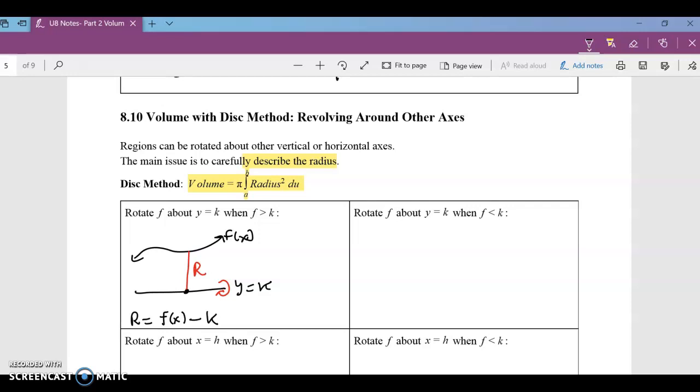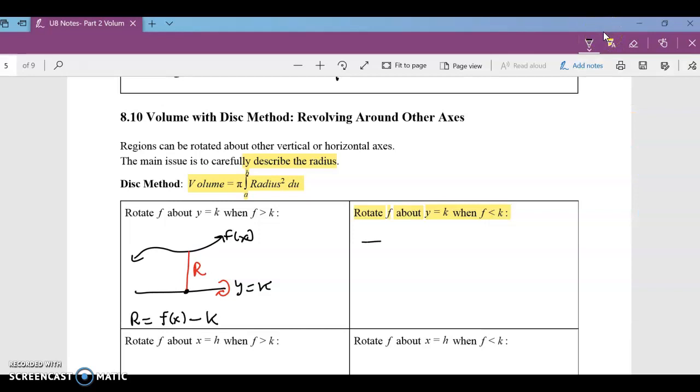In the next example, I'm going to rotate f about the line y equals k again, but this time f of x will be less than k. So that means my axis of rotation will be above f.